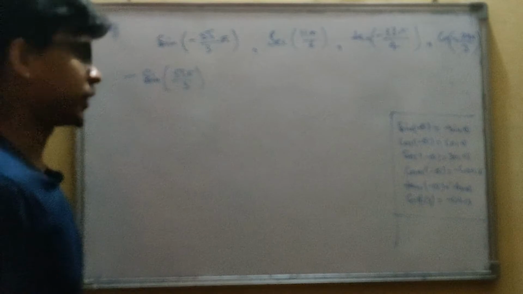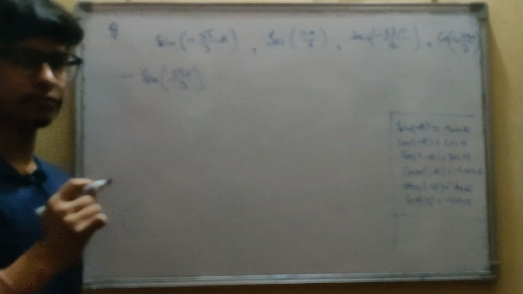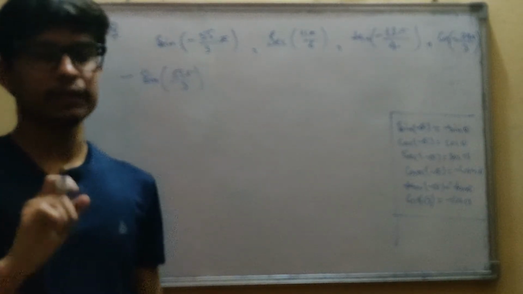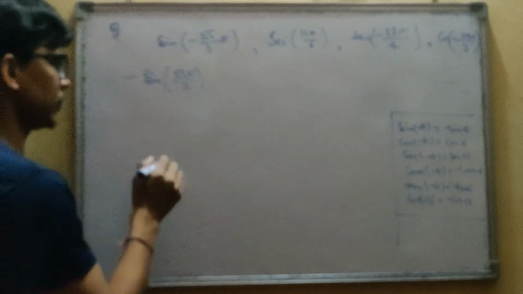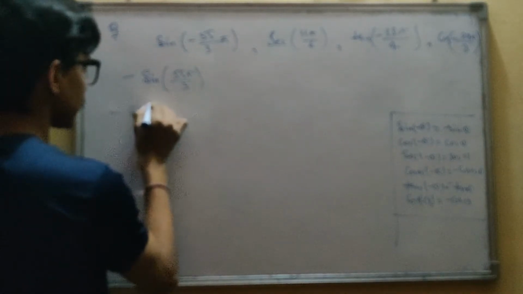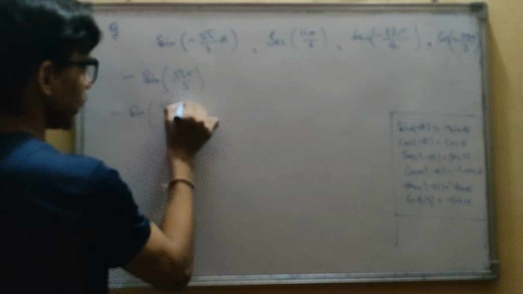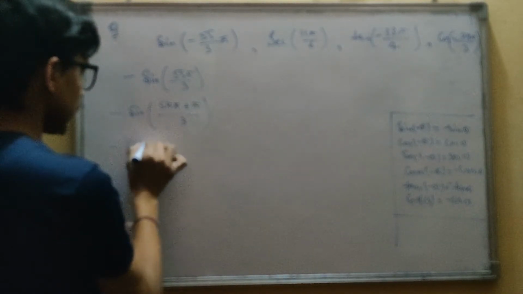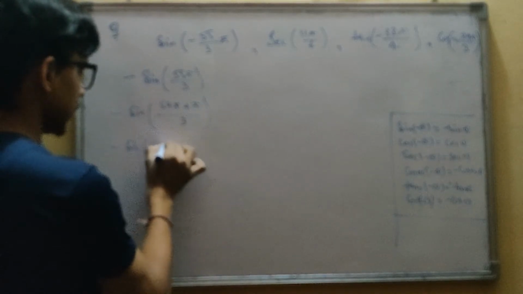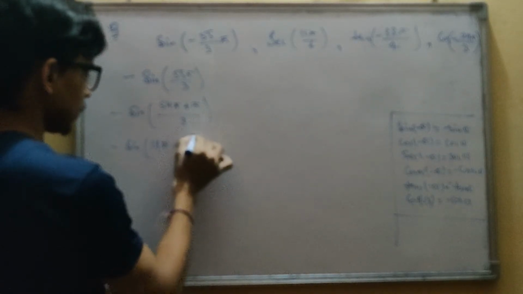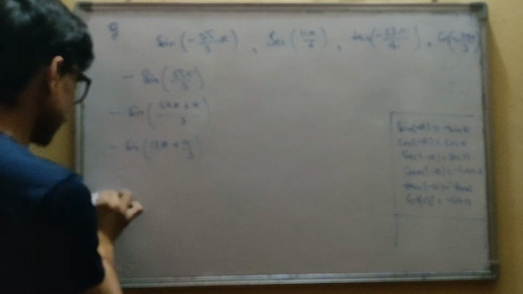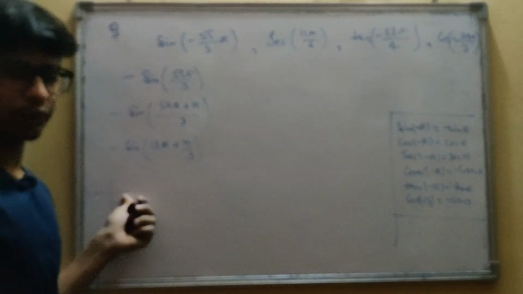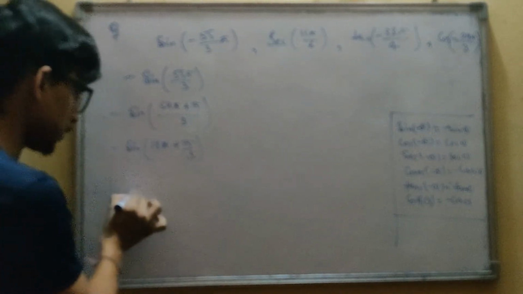Now we have to find the nearest value to 55 which is exactly divisible by 3, which is 54. So I can write it like this: minus sine of 54 pi by 3 plus pi by 3, and I will separate them. This is going to be 18 pi plus pi by 3. Now try to find out where 18 pi will lie, because 0 pi, 2 pi, 4 pi, 6 pi are all over here.